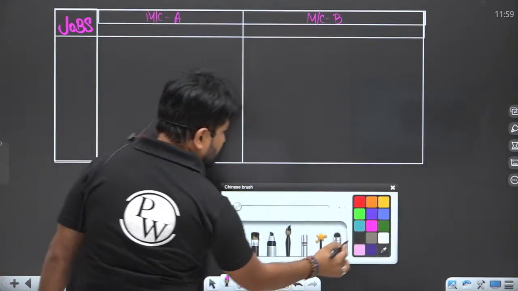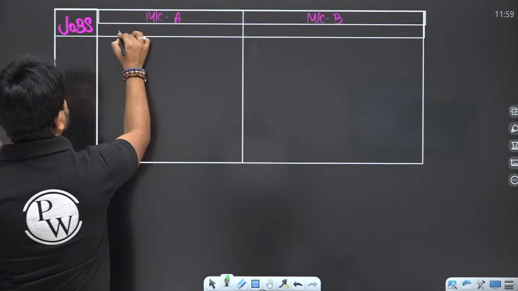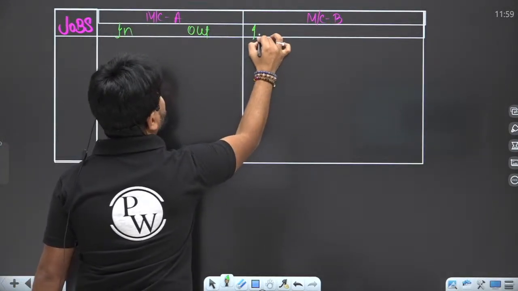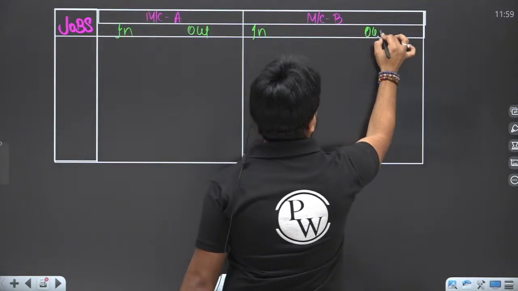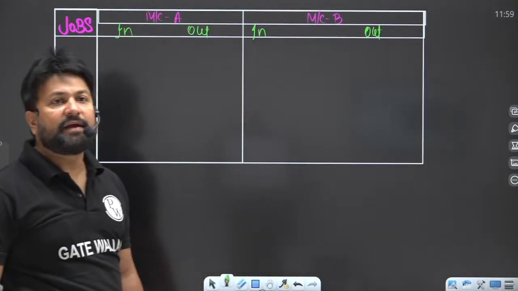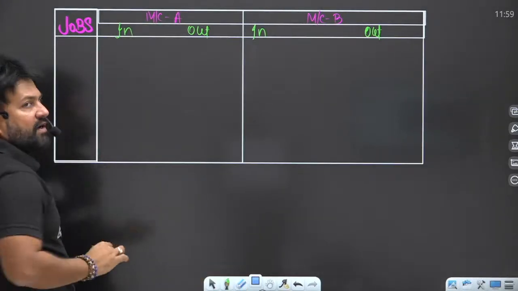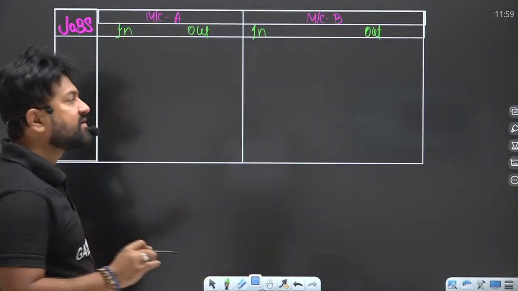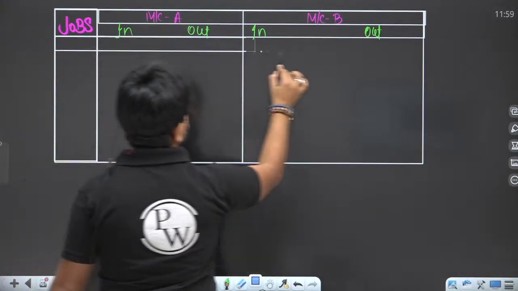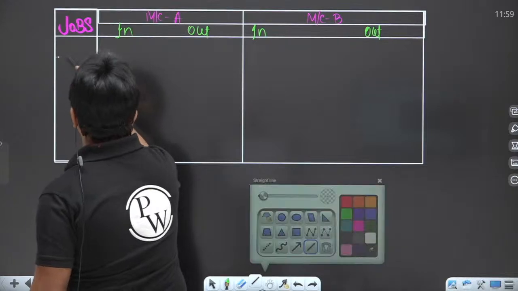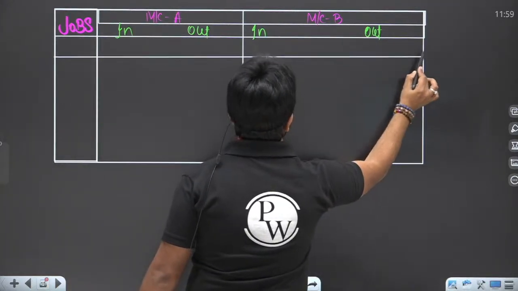On machine A there will be in and there will be out. Now, sequence all the jobs. How many jobs? 6. So here 6.